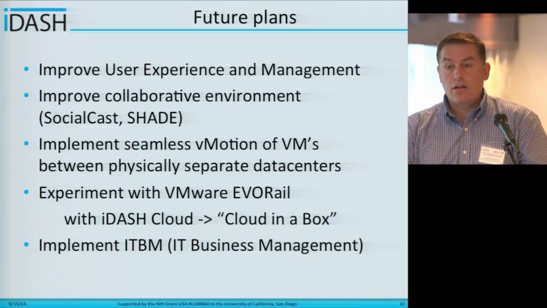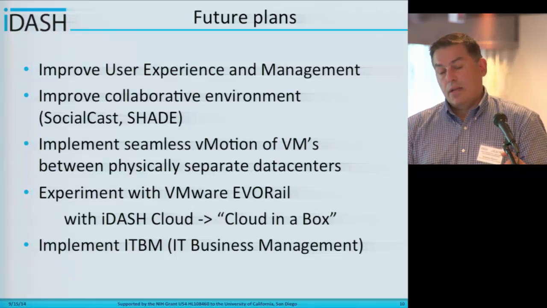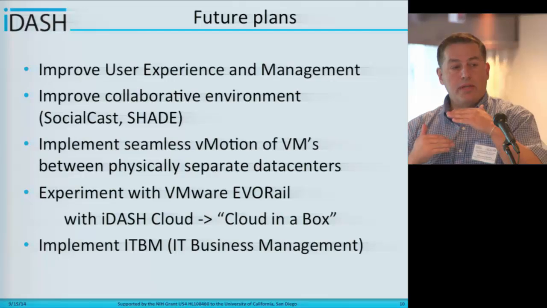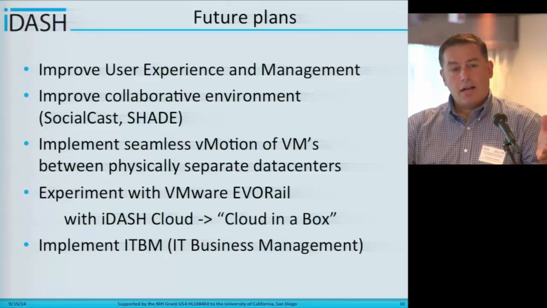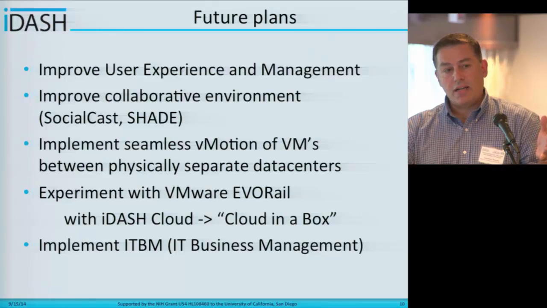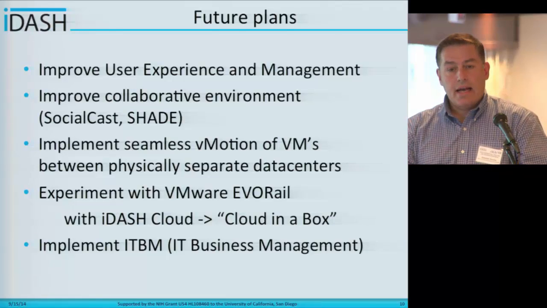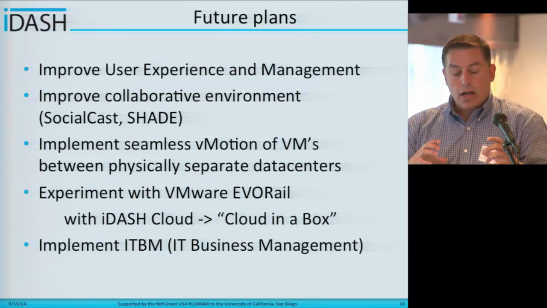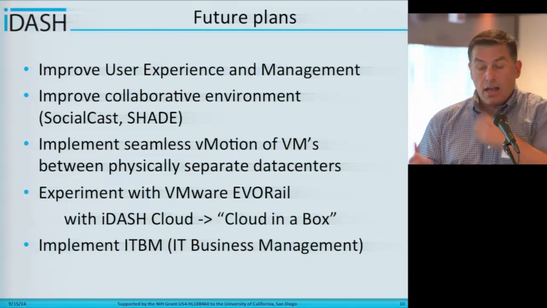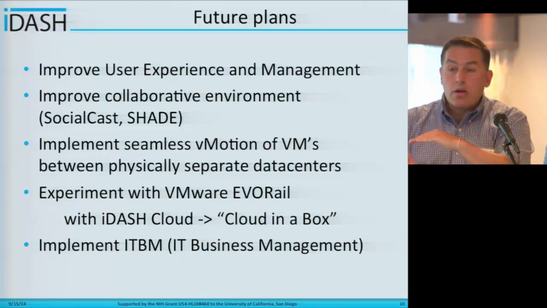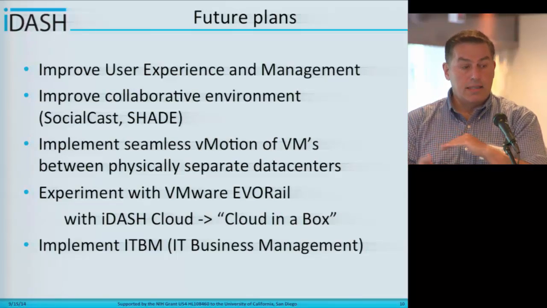We would also like to experiment with VMware's EVO:RAIL. I don't know how many of you have heard about this, but it's a very interesting concept, a hyper-converged infrastructure between hardware and software. In essence, it's a small box that is equivalent to almost a full rack of servers, and allows you to package the VMware cloud, or the iDash cloud in this case, to create portable units that could be templates for other institutions to utilize.